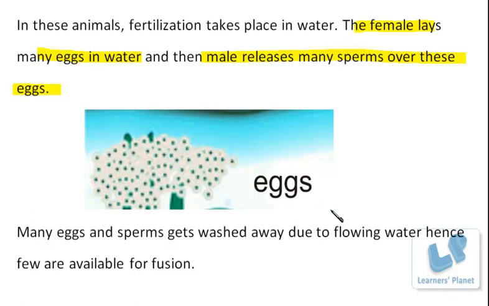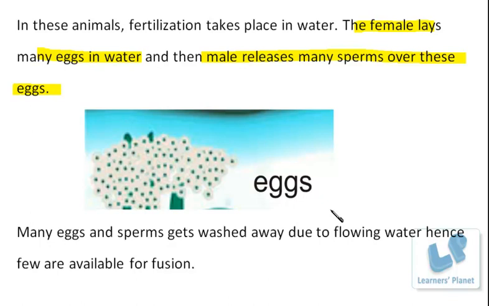Actually, the two organisms, male and female, release these particular eggs. The eggs of the female are present over some bush or small leaves of an aquatic plant, and over that there is a jelly-like structure.